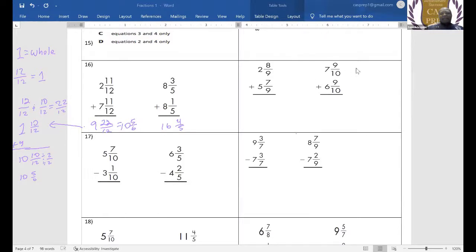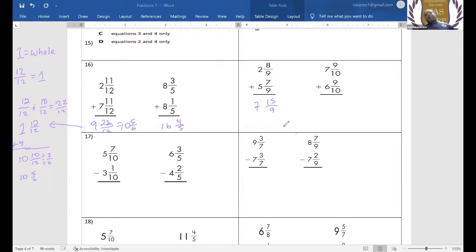All right, so let's go ahead and do it. We have 2 and 8/9 plus 5 and 7/9. Again, 8 plus 7 is 15. 15 over 9 and 7.